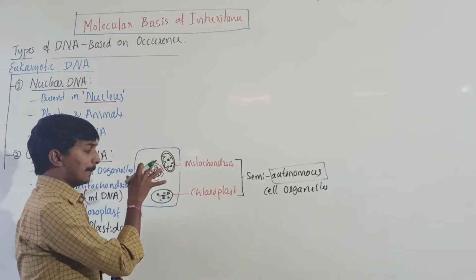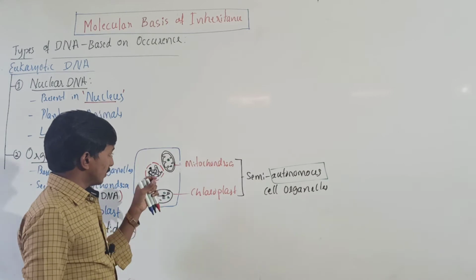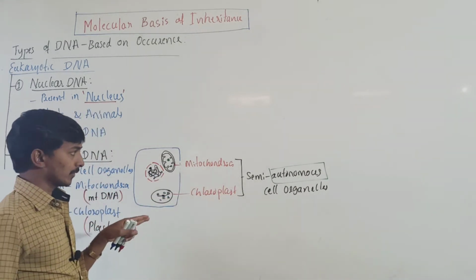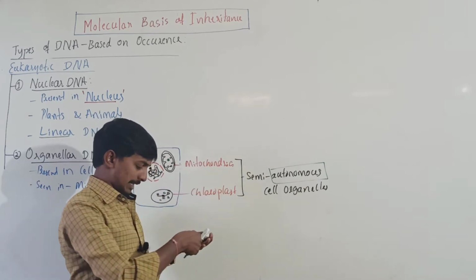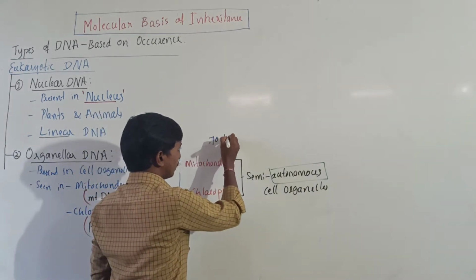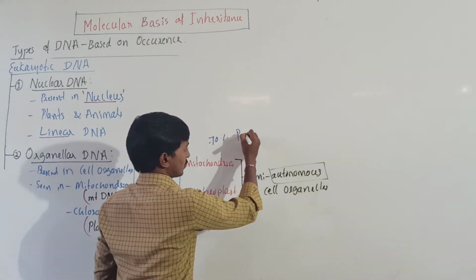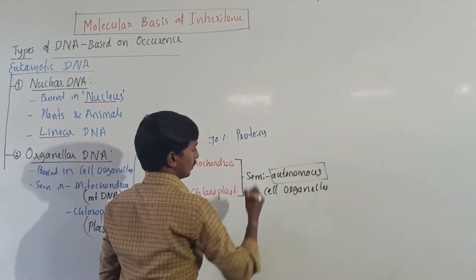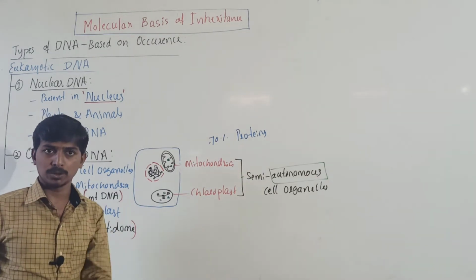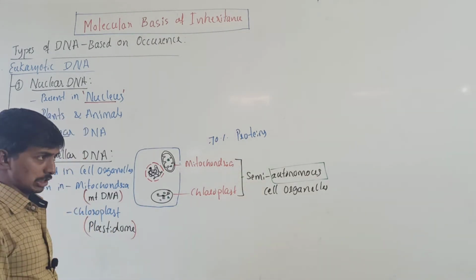But with this DNA, the mitochondria and chloroplast can synthesize about 70% of the proteins, because the DNA becomes mRNA becomes protein by transcription and translation.